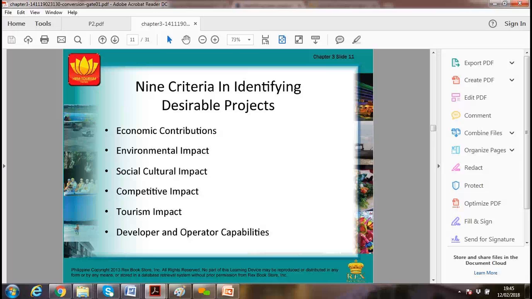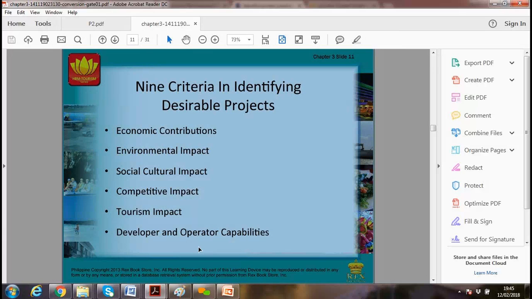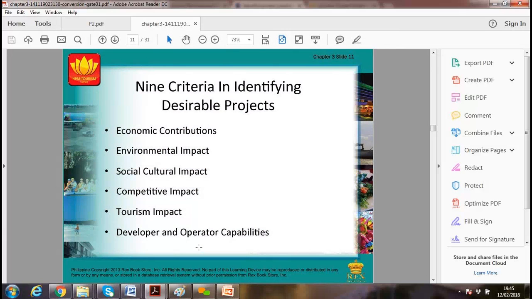So tourism has a huge economic impact and creates more job opportunities, like a lot of new hotels continue to be built, ultimately creating more opportunity. Then developer and operator capabilities: we need to look at them when we are making a new project. Who is going to develop it?